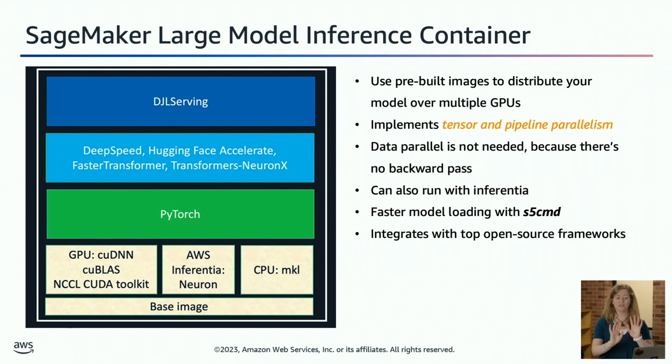So because we're only doing a forward pass through the neural nets, we're actually not doing any gradient optimizing at all because we're not training the parameters, we're just invoking them. So we don't need data parallel. Actually, we're just using tensor and pipeline parallelism. Great. And so we use this distributed framework to shard the layers of the neural network across multiple accelerators.